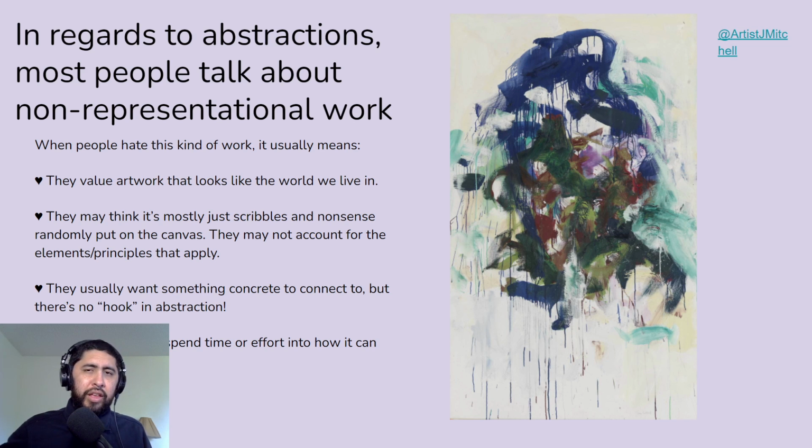But again, these are reasons why people might not like non-representational work, because it doesn't really look like anything that I can recognize, and humans look for patterns in artwork and in nature as a survival mechanism, right? Because if you recognize something, then it's easier to classify, and if you don't know what something is, it's easier to fear and maybe a threat to your life.